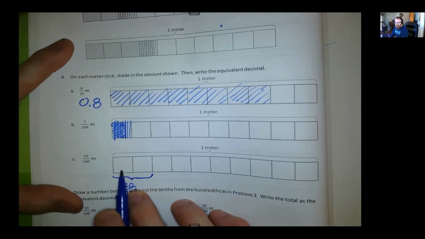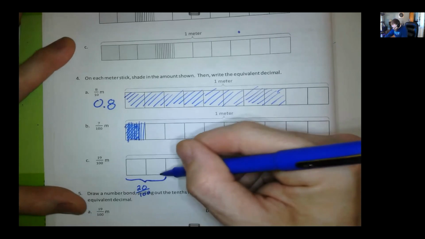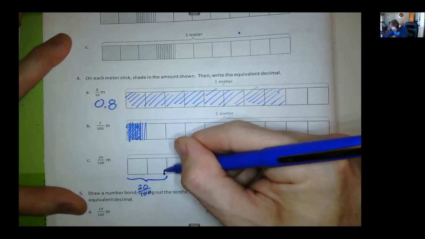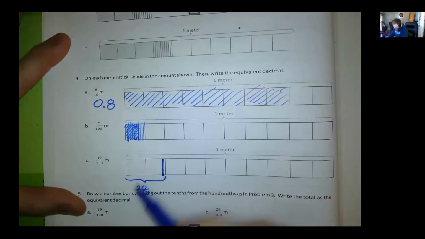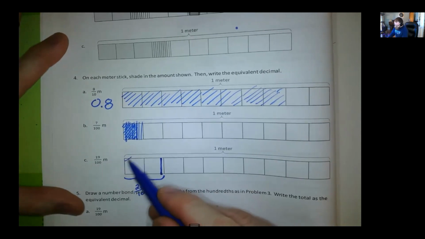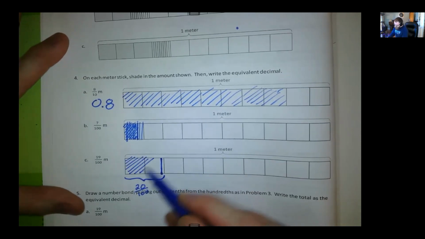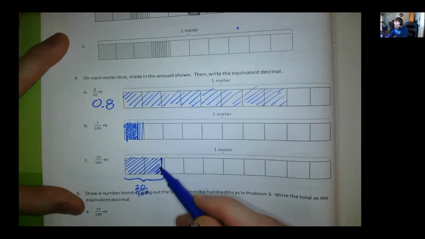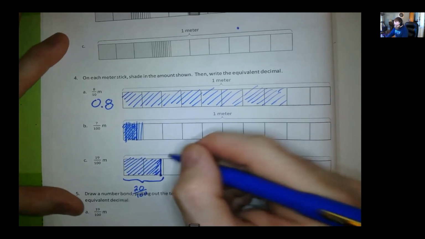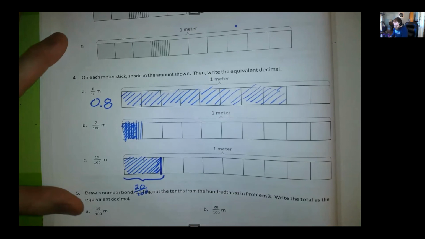Remember, each one is 10/100ths. So if I wanted to draw a line for 19/100ths, I would make it just short of that 20/100ths and shade just less than 20/100ths, exactly 19/100ths.